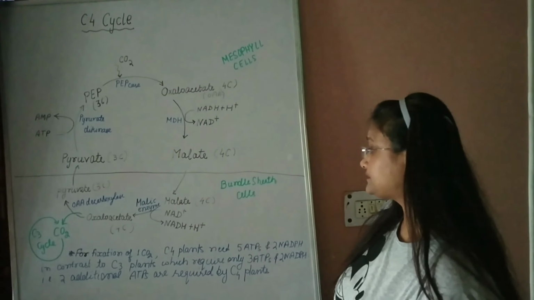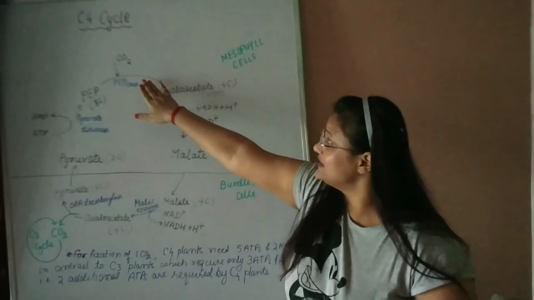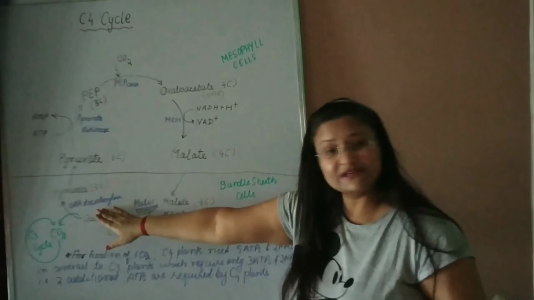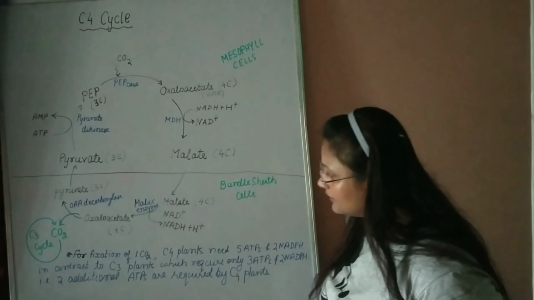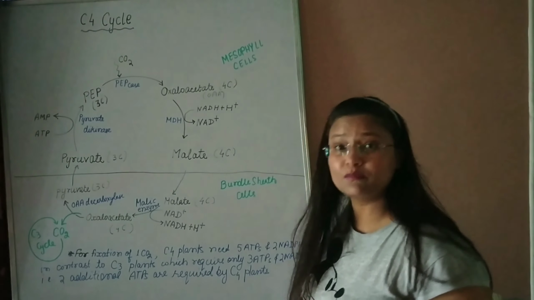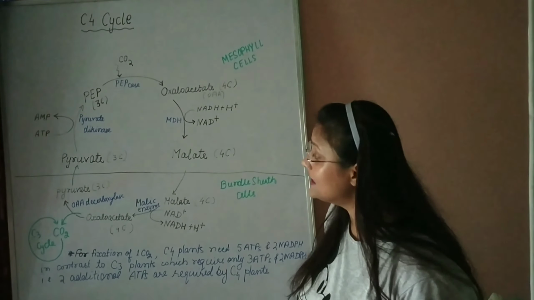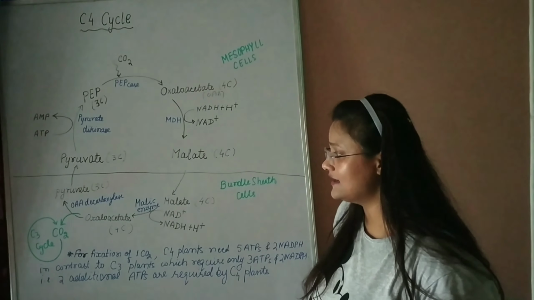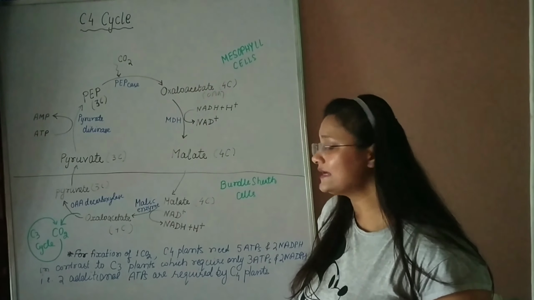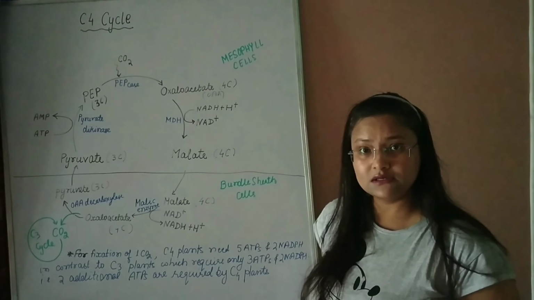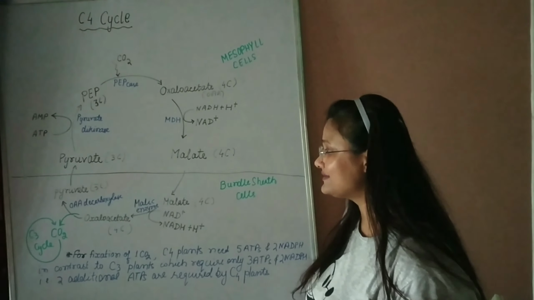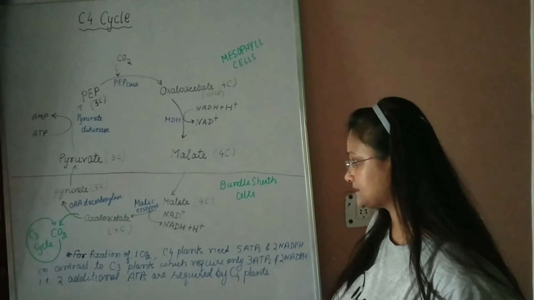After that, here carboxylation occurred, here the opposite reaction is occurring. That means carboxylation was occurring with the help of PEP. Here decarboxylation will occur with the help of OAA decarboxylase, oxaloacetate decarboxylase.